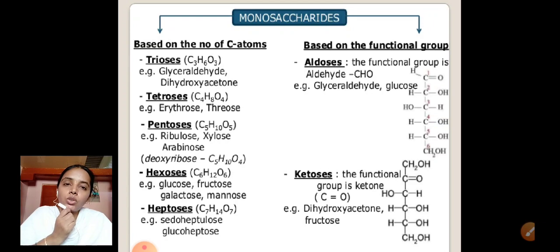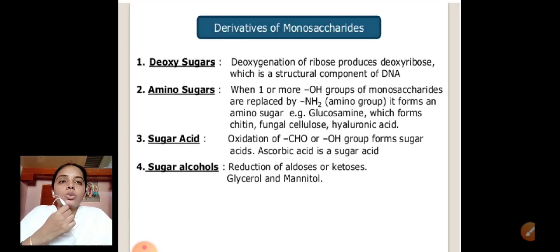Based on the functional group, monosaccharides are classified into aldoses and ketoses. The derivatives of monosaccharides are deoxy sugars, amino sugars, sugar acids and sugar alcohols.